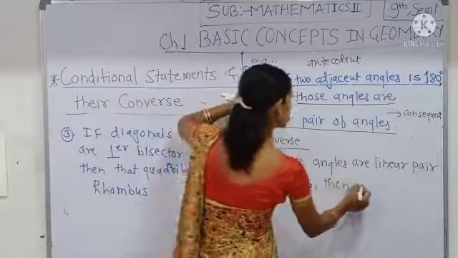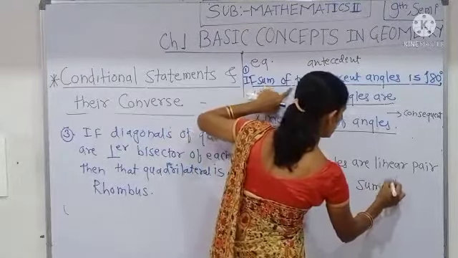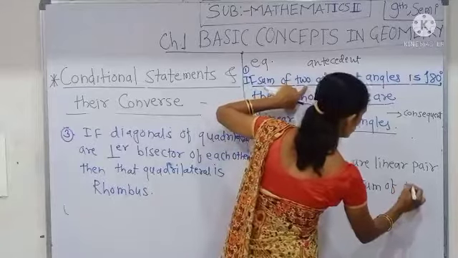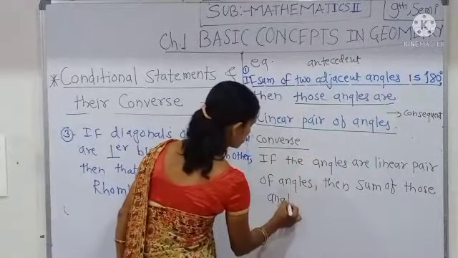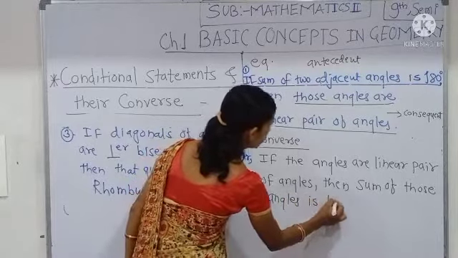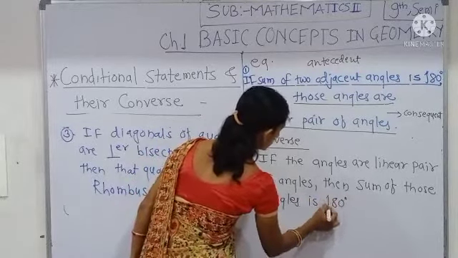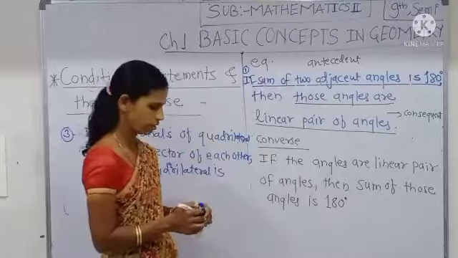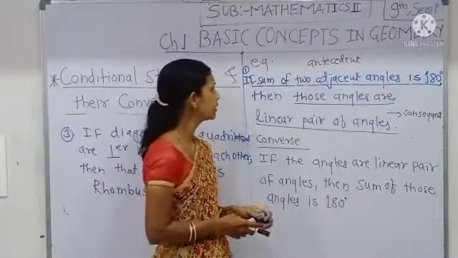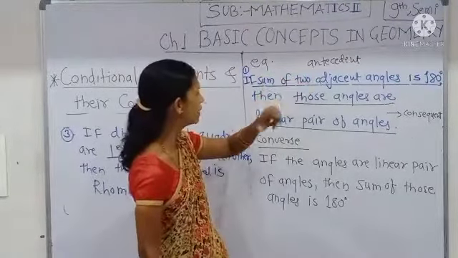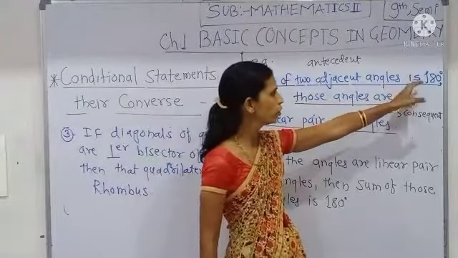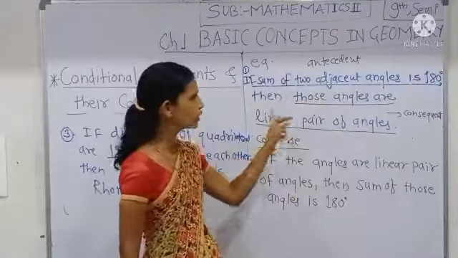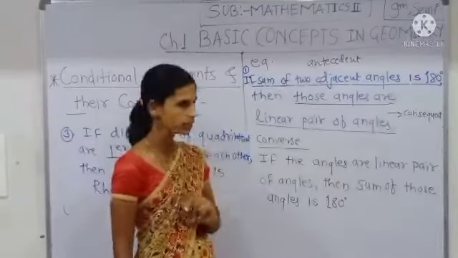Then the sum of those angles is 180 degrees. Focus here. Once again, the given conditional statement is: if the sum of two adjacent angles is 180 degrees, then those angles are a linear pair of angles.